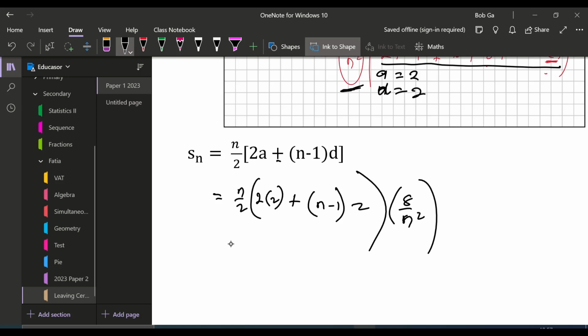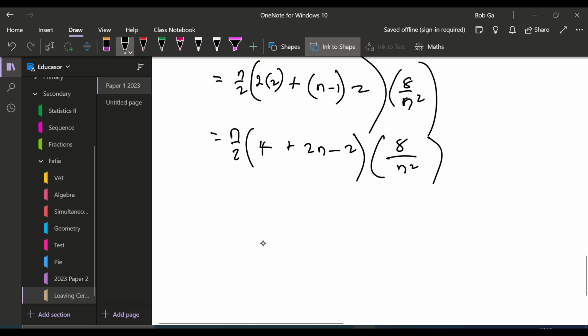So we expand. So we have n over 2 into 4 plus 2n minus 2, all times 8 over n squared.